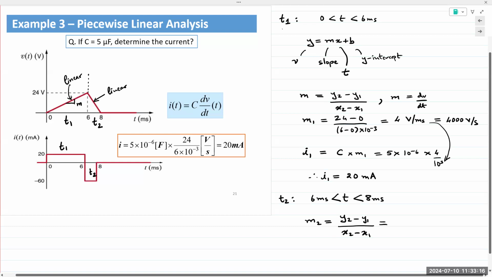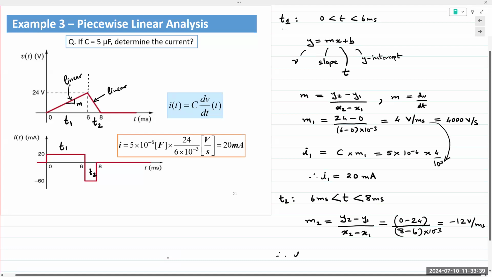Taking the two endpoints, I get 0 minus 24 divided by 8 minus 6 into 10 raised to minus 3. And I get minus 12 volts per millisecond, or minus 12,000 volts per second.